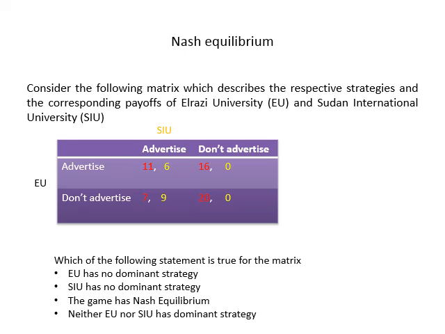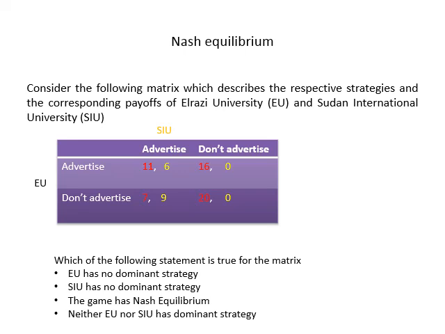El Razi University has no dominant strategy. Sudan International University also has no dominant strategy. The game has a Nash equilibrium. Neither El Razi University nor Sudan International University has a dominant strategy.